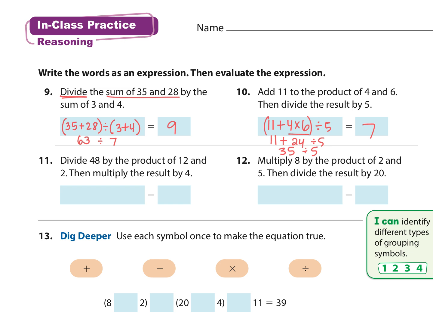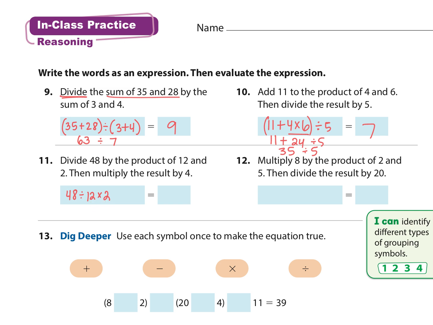Okay, then I have number 11. Divide 48 by the product of 12 and 2. So I'm going to divide 48 by the product of 12 and 2. Then multiply that result by 4. Okay, well, my problem that I have here is that if I leave it like this, I'm going to do 48 divided by 12 first, then times 2.